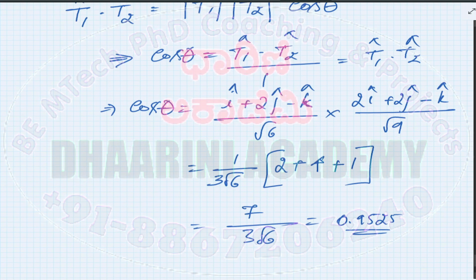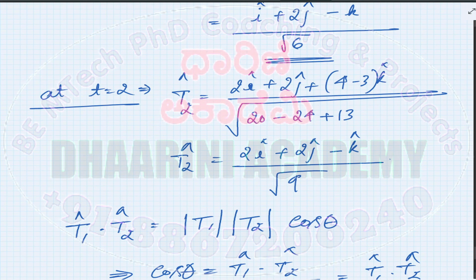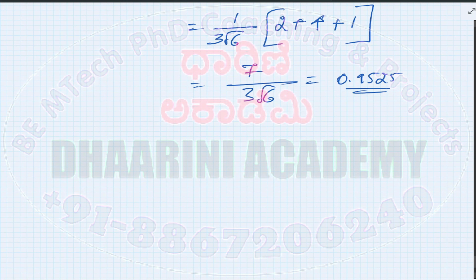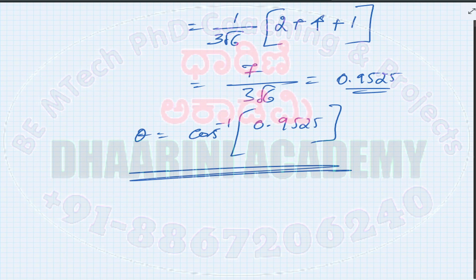T1 is i cap plus 2j cap minus k cap, and T2 is 2i cap plus 2j cap minus k cap. Okay, 1 plus 2 minus 1, 2 plus 2 minus 1. So this is what we get. So theta should be cos inverse of 0.9525 is the final answer. Okay, we can calculate this and write the angle if needed.